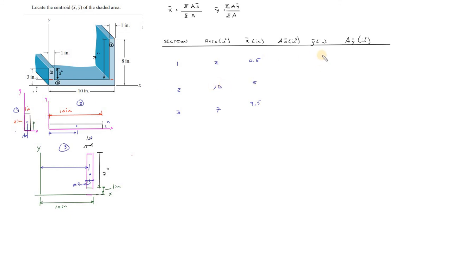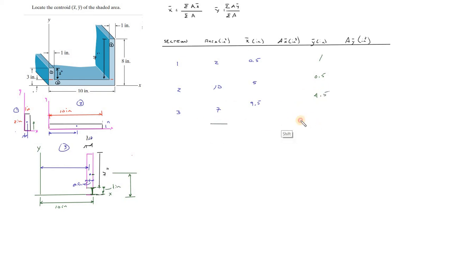Half of 2 would be 1. And then for section 2, that one's also pretty simple. That's just going to be half an inch in the y direction. And then our distance to our third is here. So half of 7 is 3.5. So going from here to here is 3.5, but we have to add this 1 inch right here. So that's going to be 4.5.